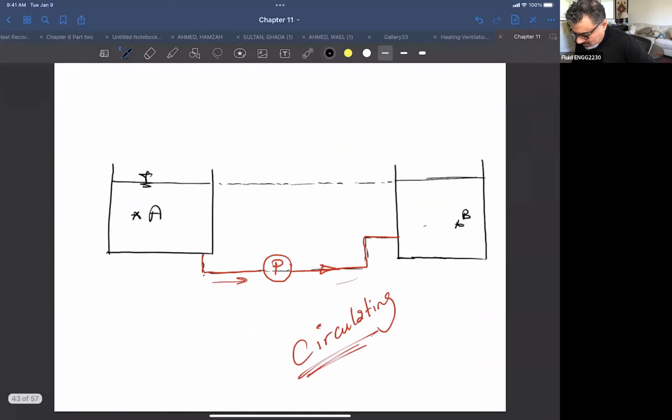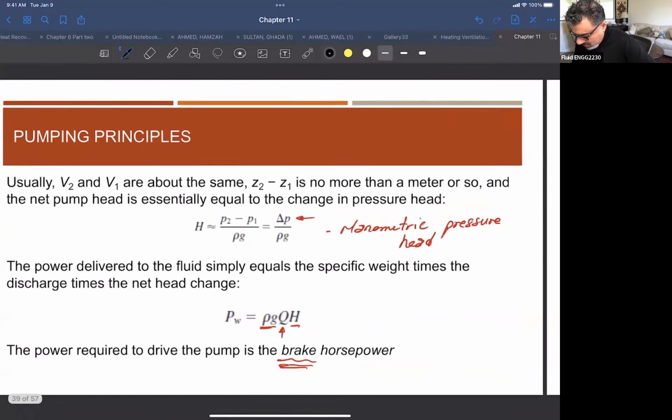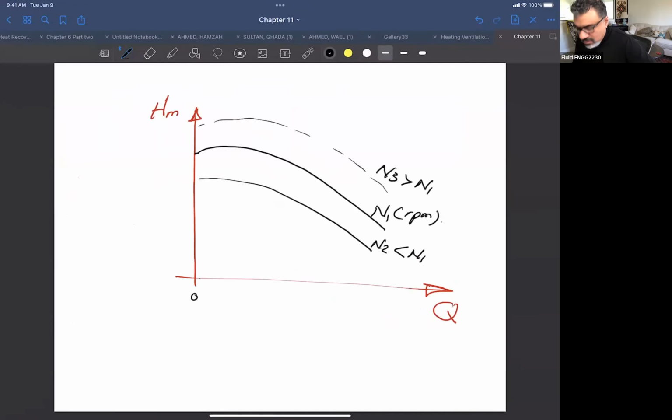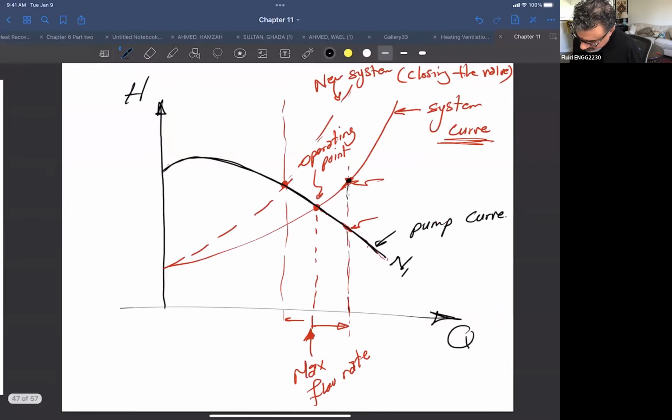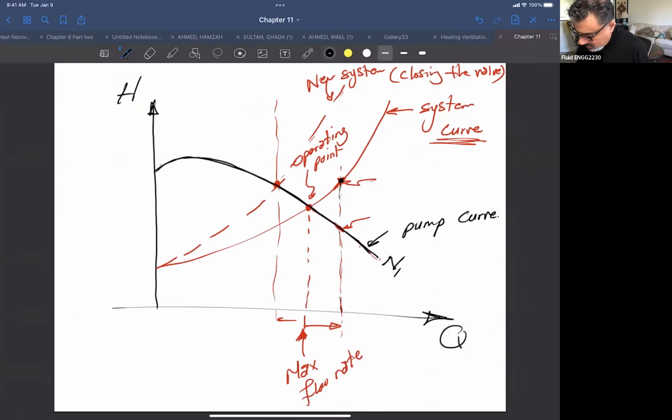I was just saying this some time ago, right? If you increase the RPM of the pump, so the pump operating at a higher RPM, N2 is greater than N1. You can increase the speed, increase the RPM of the pump. So in this case, you can achieve a higher flow rate for the same system. Okay.